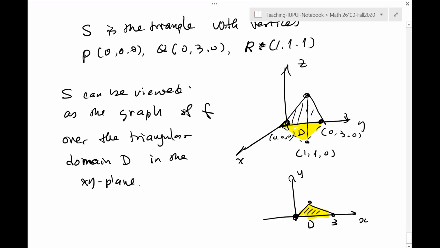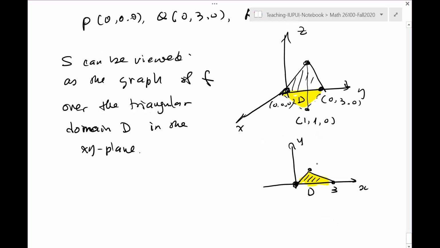D consists of 3 angles. The first thing we have to do is find the equation for the plane in 3-dimensional space so I can get the function of x. How can I get the plane quickly?